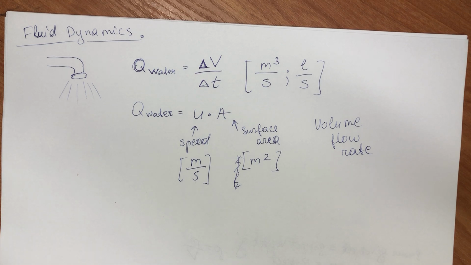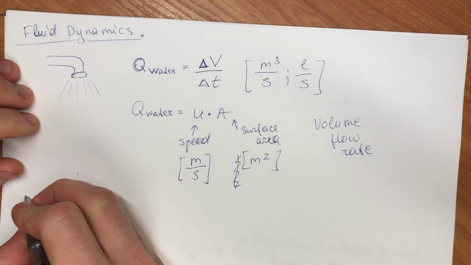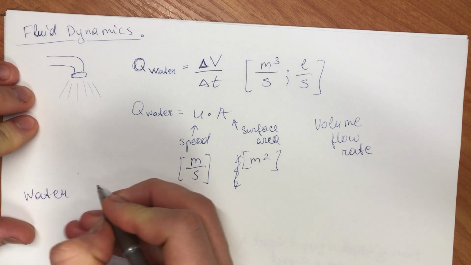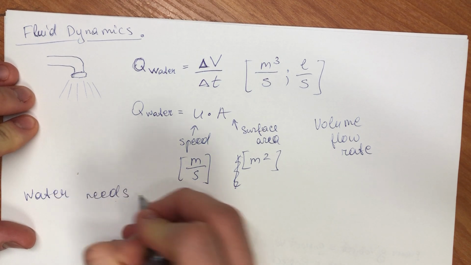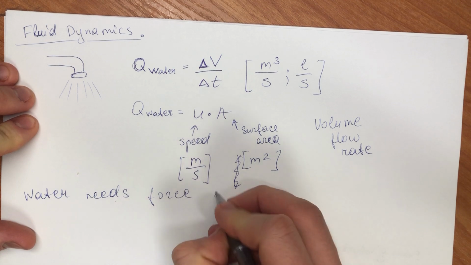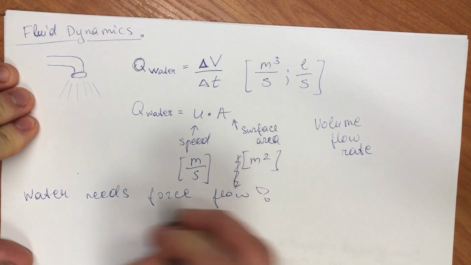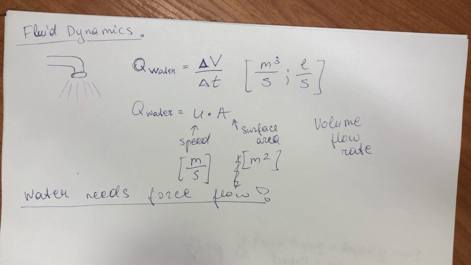Now, what causes water to flow? Water needs force to flow. Why? Because there is intrinsic friction inside the water. It is called viscosity.